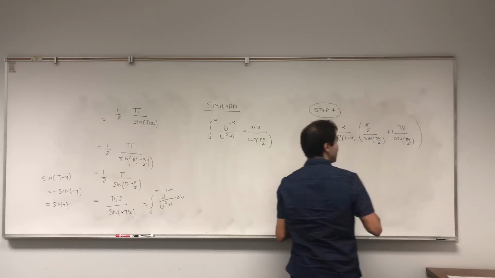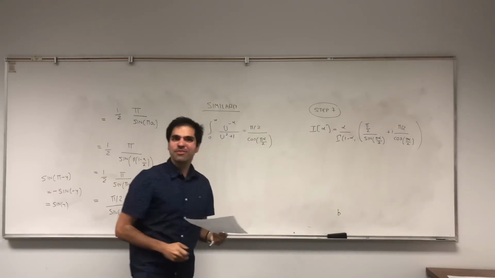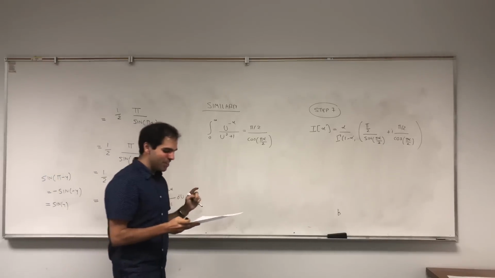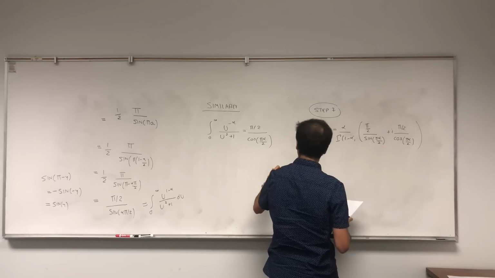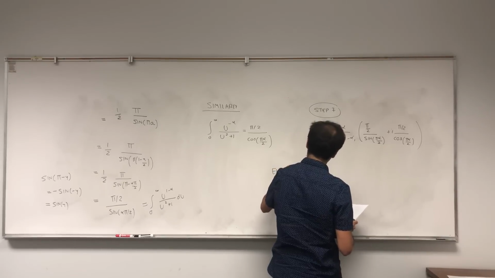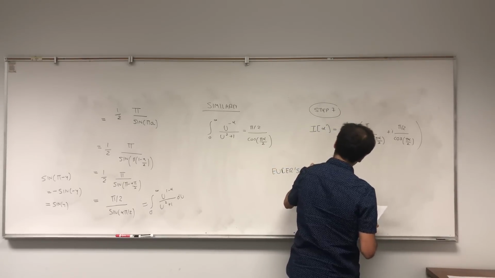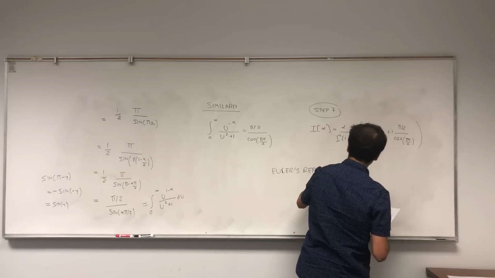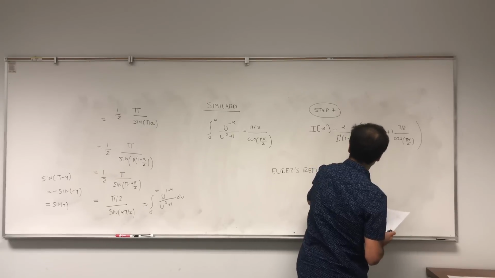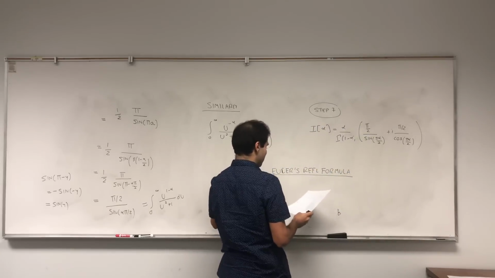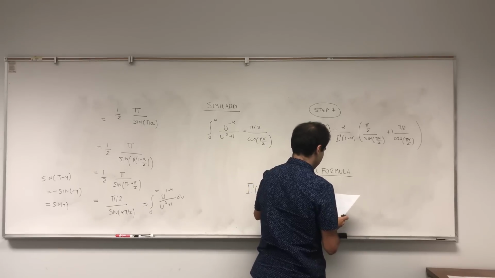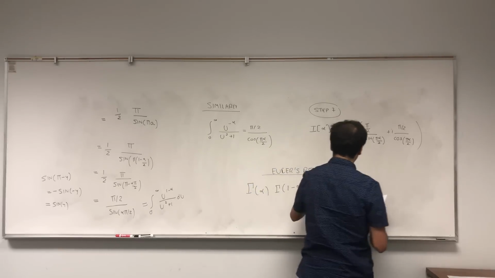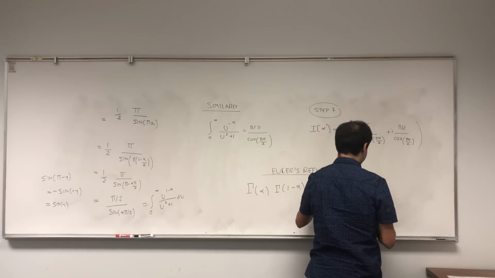And it turns out, weirdly, all those terms simplify to something much nicer, because remember, there's this thing called Euler's reflection formula. And you know stuff is serious when Euler comes into play. Because we know that gamma of alpha times gamma of 1 minus alpha is pi over sine of pi alpha.